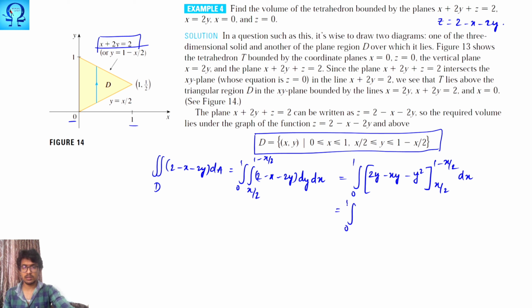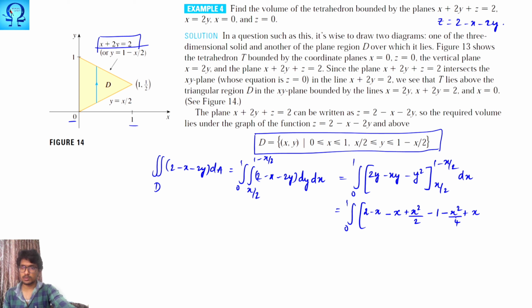So it is integral 0 to 1. When you substitute these things, it is 2 times of 1 minus half, in the sense it is going to be 2 minus x minus, you will have to multiply this quantity with x. So it is minus x plus x squared upon 2 and the square of this term. So it is 1 minus x squared upon 4 plus x, right?